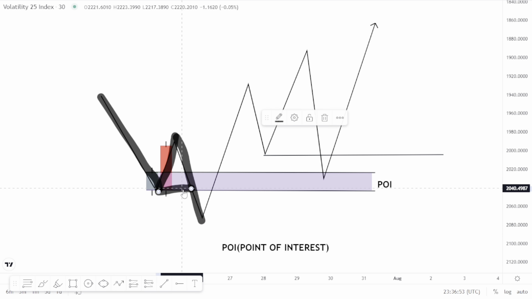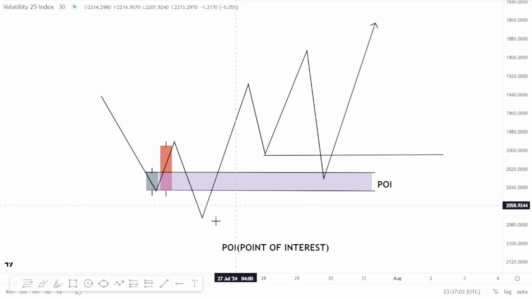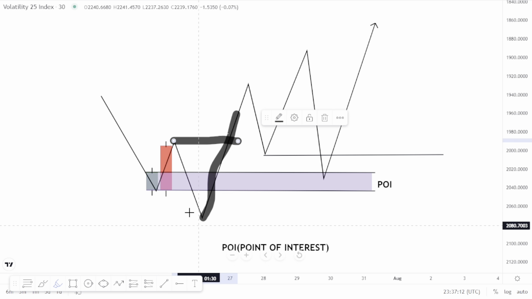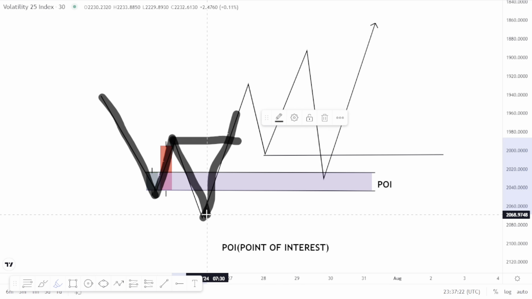Once the market takes out that low, that is called a liquidity sweep, if the market returns back immediately and takes out this high.